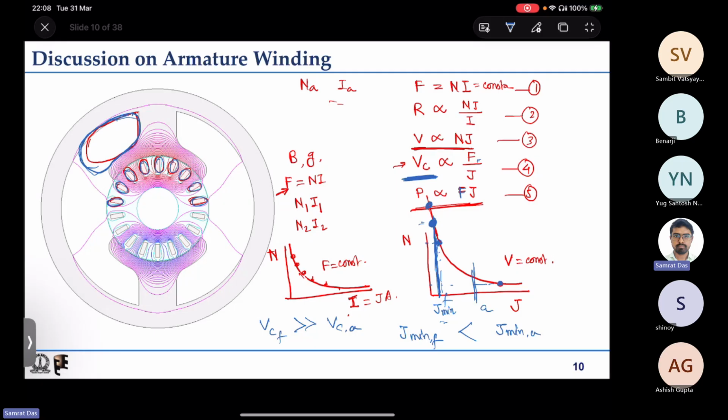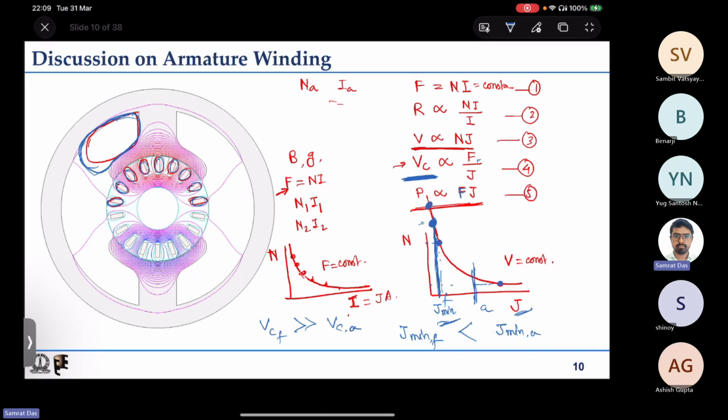But for armature winding, the J min that we can have is quite big compared to the J min for field, because of smaller area availability. For armature, because we have lower copper volume at our disposal, we need to go to higher current densities in order to produce the same torque, or our desired quantities like flux density in the air gap.